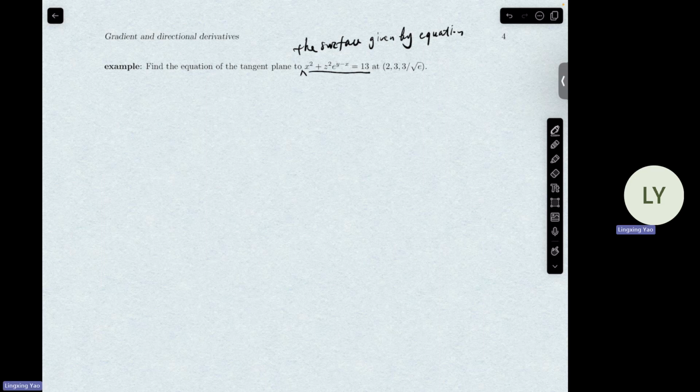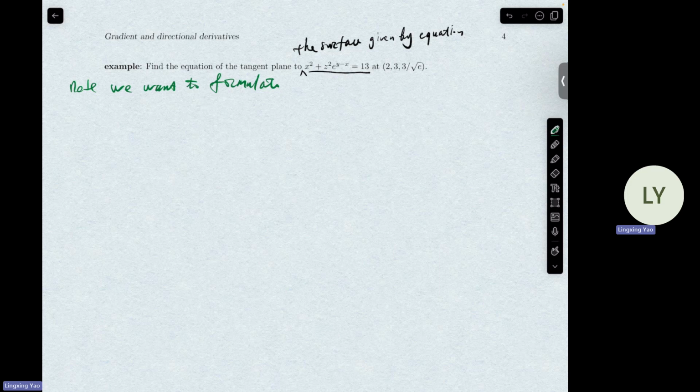And we want to first point out, maybe we should write it down. Note, we can't really say this is a graph of a function, right?